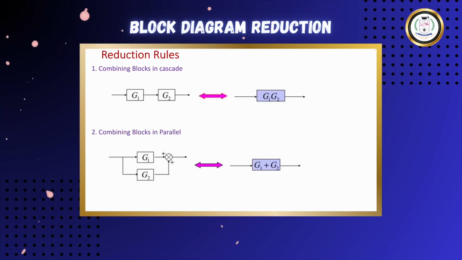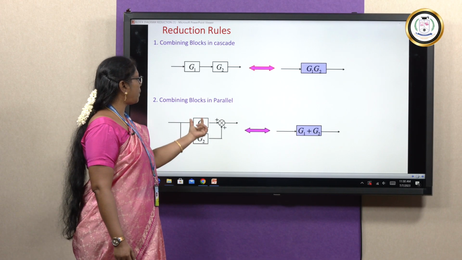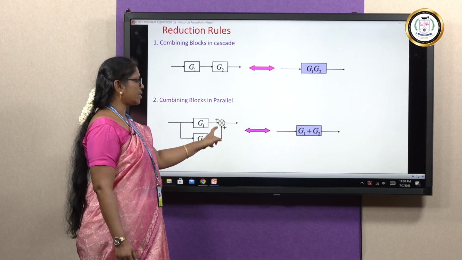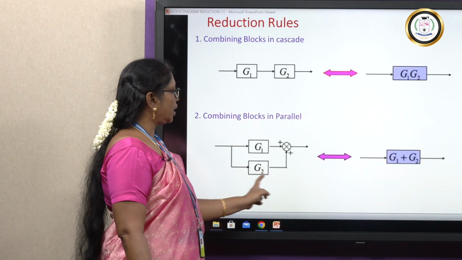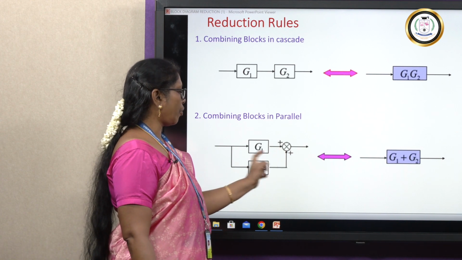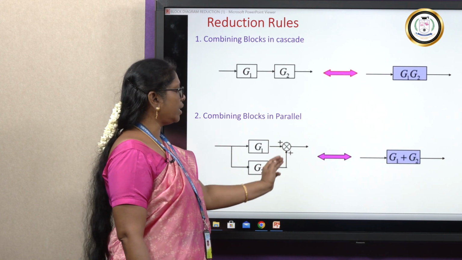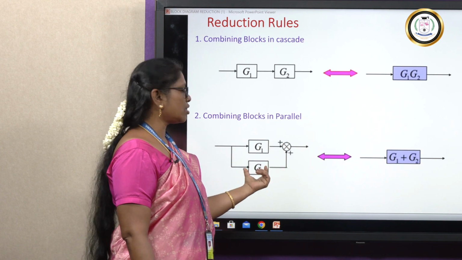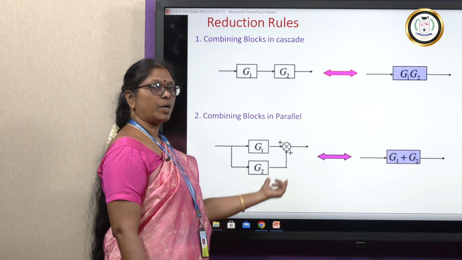Next is combining blocks in parallel. If you have blocks in parallel like this, G1 is added at a summing point, and G2 is also added to the summing point. From the input side it goes to the output side; G2 going to the output side is called a feed forward path.